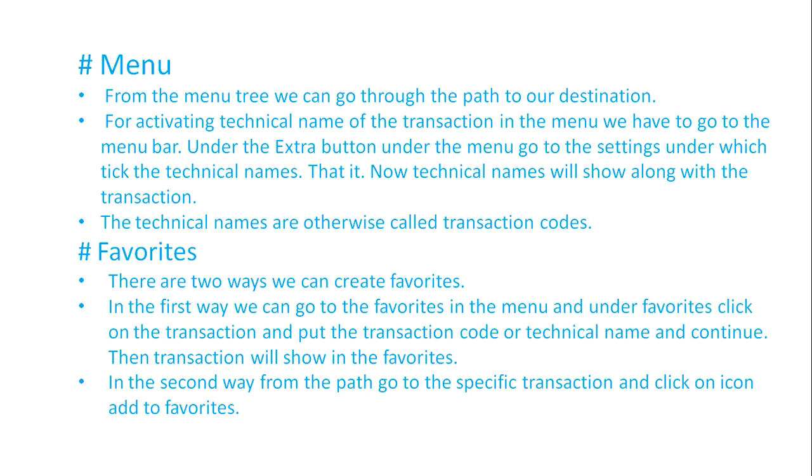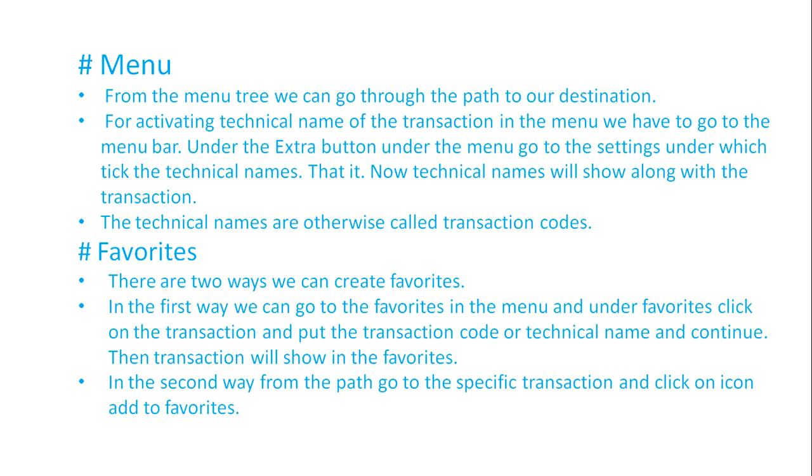If you are on any screen, you can come back to the home page, the SAP Easy Access, by putting /n and pressing enter. If I go to that place through accounting, financial accounting, general ledger, and click there, it takes time.